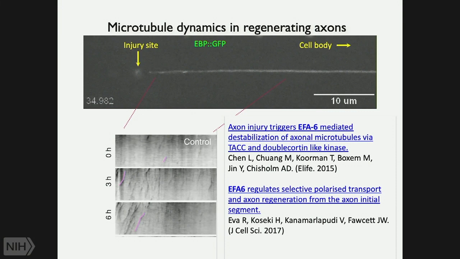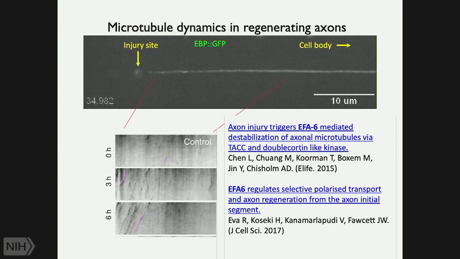This finding was subsequently followed by James Fawcett's group, who characterized the mammalian EFA6, which, in peripheral nerve, acts as an axon regeneration inhibitor, in part by coordinating with microtubules and organelle transport.